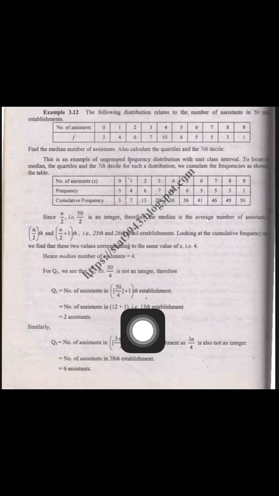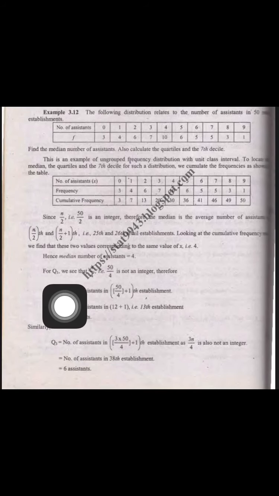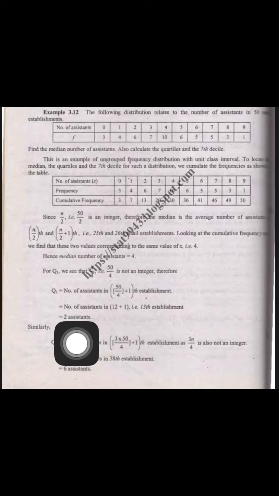Here I am using the same method which I discussed in the median. I am going to look for the value 13 in the cumulative frequency column. So here is the 13 in the third column. I am going above here. Above here the value of x is 2. So 2 is the value of Q1, sorry.